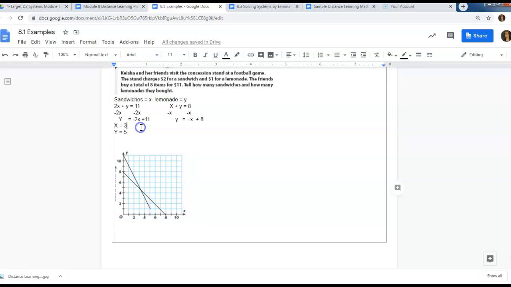The solution is usually an ordered pair, 3, 5, which means that x represents 3 sandwiches, and y represents 5 lemonades. Okay, thank you so much.